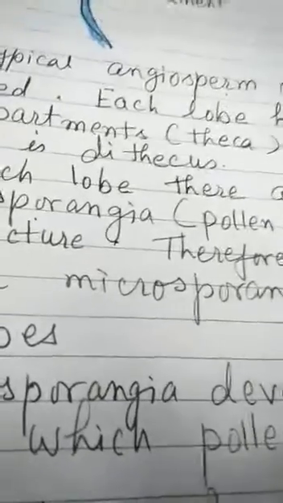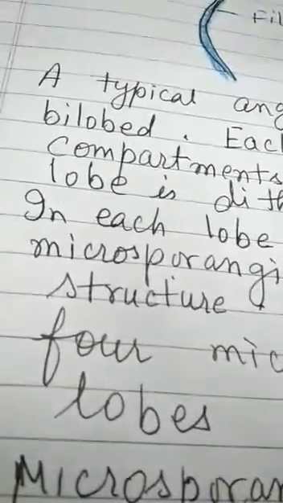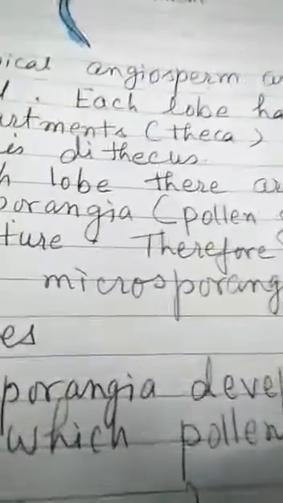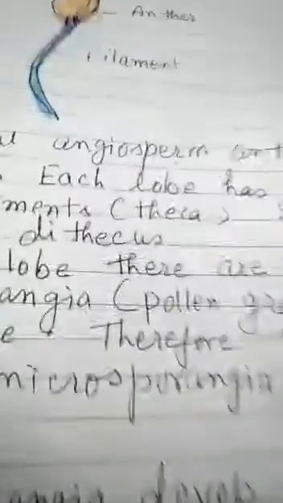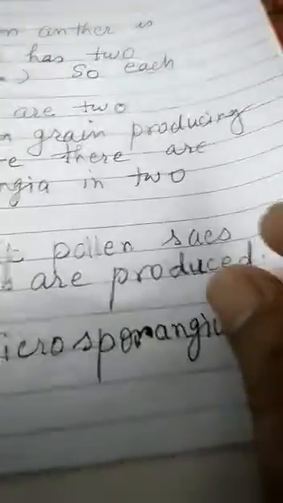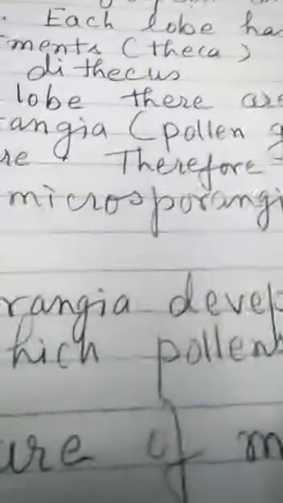So there are 4 compartments, or theca, of the anther.